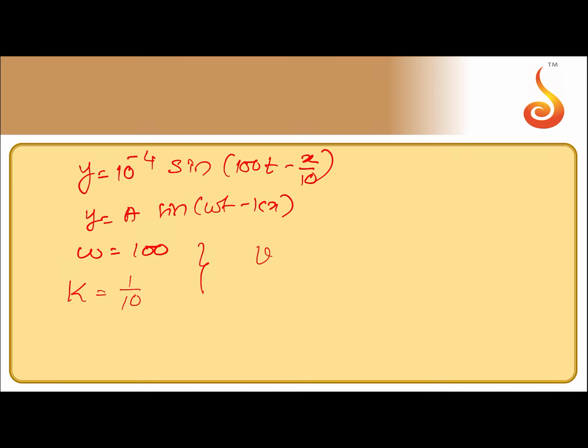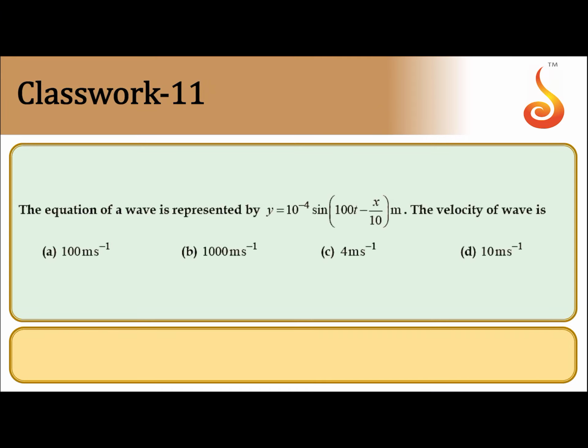And we know that v is given by omega by k. So if I substitute here 100 divided by 1 by 10, that becomes 1000 meters per second. Thus the velocity of the wave is 1000 meters per second.